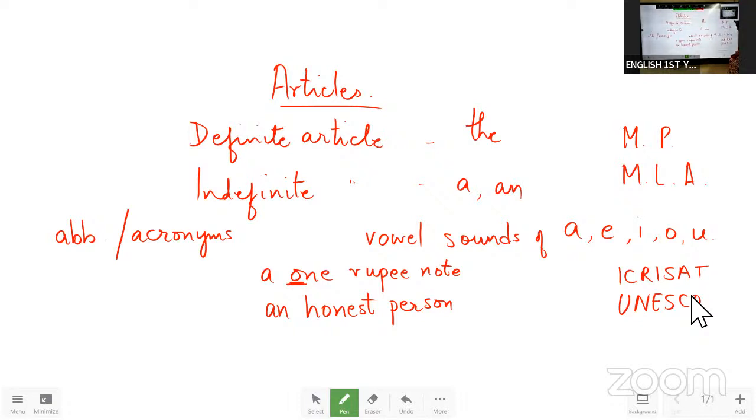Like ISI mark, you pronounce each letter and there's always a dot signifying it is an abbreviation. But here there are no dots and you pronounce it as a word, you don't spell it out. ICRISAT, UNESCO, SAARC, and then NATO. All these are acronyms.